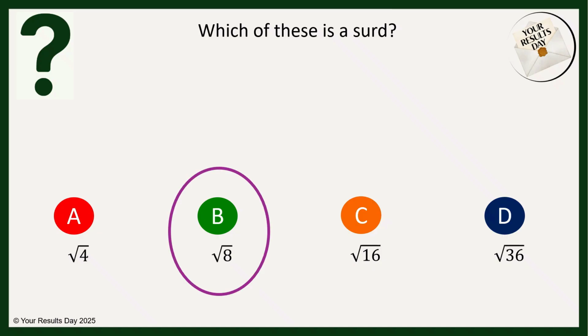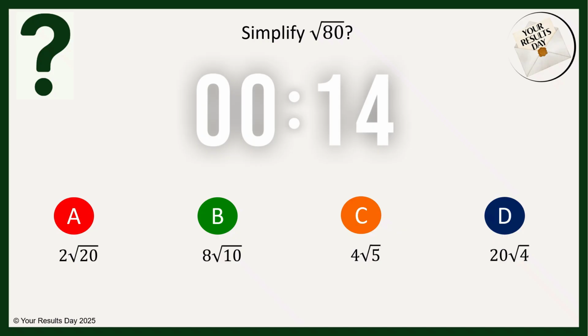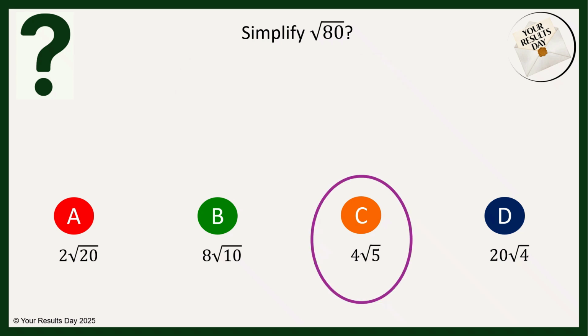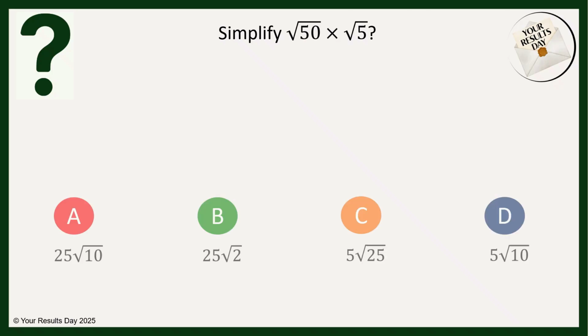If you said B, you would be correct. Simplify root 80. That one was C. Simplify root 50 times root 5.